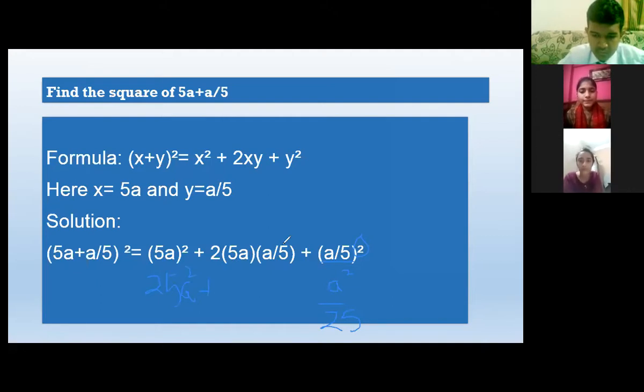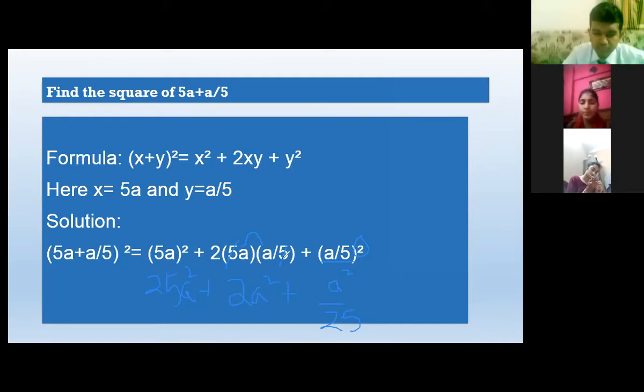Beta, 5 ones are 5, 5 ones are 5, so it is going to be cancelled, but a is not going to be cancelled because they are multiplying. So we will get 2, a into a is a square. Got it? Vania, Sheroz, got it? Why do we get a square over here? Because these two a's are multiplying.